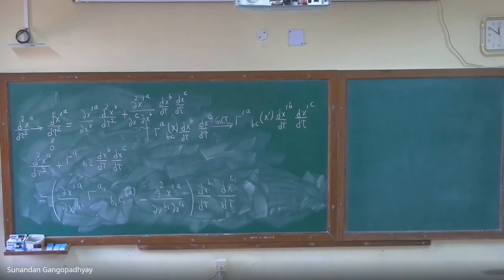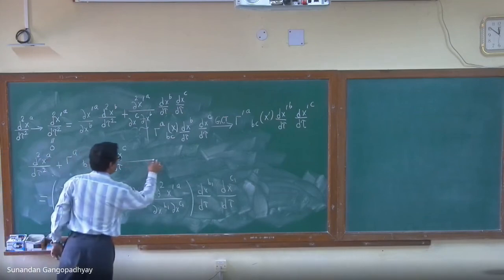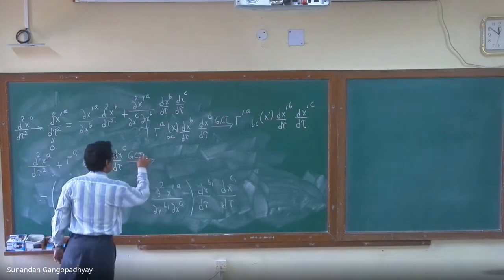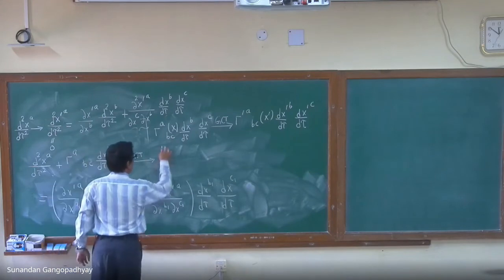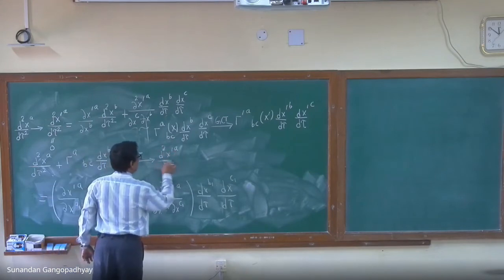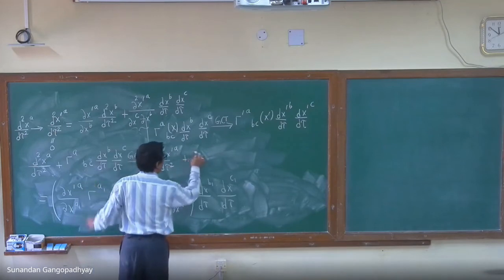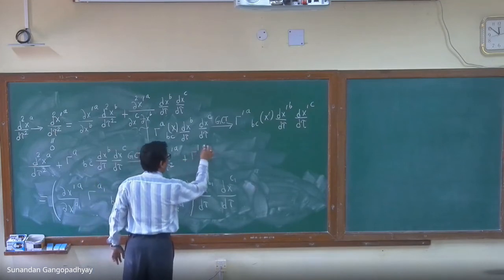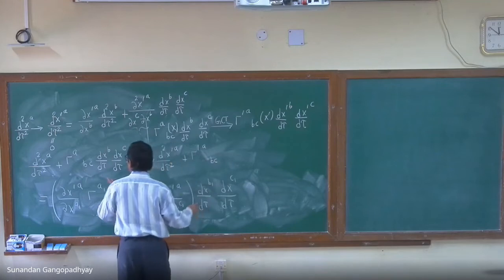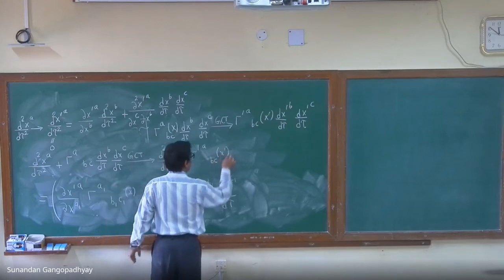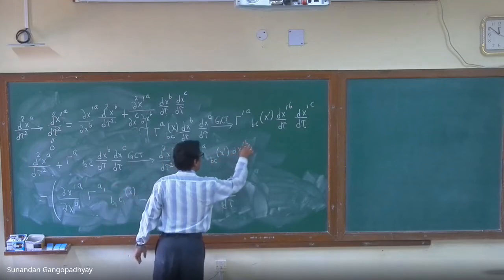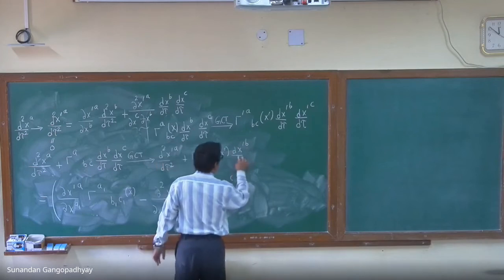Let us take this combination and this under GCT we go to G2 prime A beta 2 plus gamma prime A BC x prime dx prime B beta.